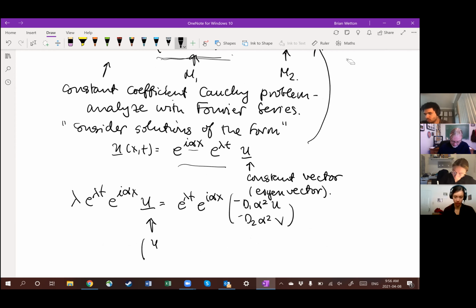This is the vector that has components u and v, just a constant vector. And then I get plus e to the lambda t, e to the i alpha x, and then J times u. Now I can see e to the lambda t shows up everywhere, e to the i alpha x shows up everywhere, and I just get the eigenvalue problem. I knew that was going to come because I've done this before.